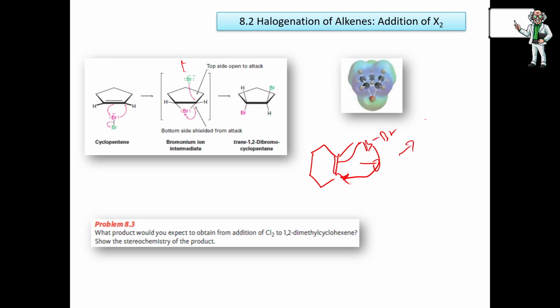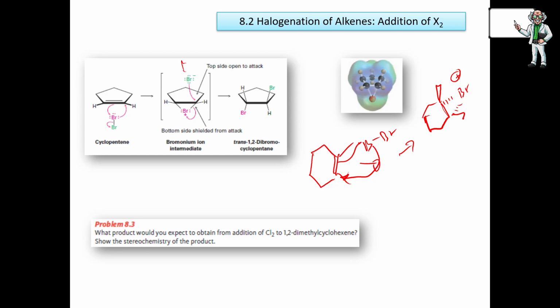What we generate is the bromonium ion, that is this. I will grow it down, but you can grow it up or down, it's exactly the same. And if I grow the bromonium ion down, the two methyls become up.